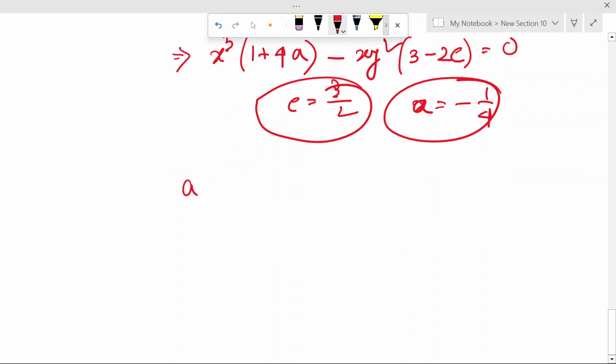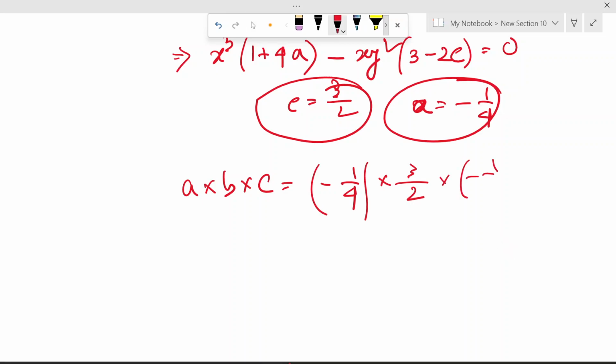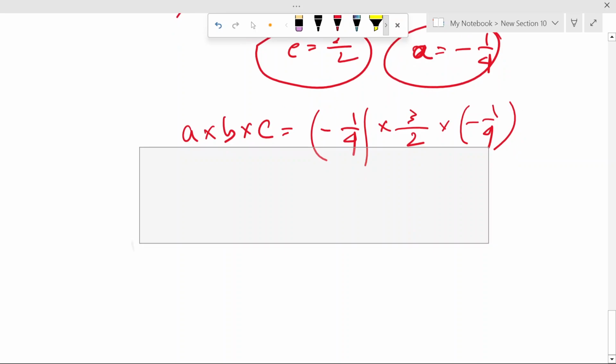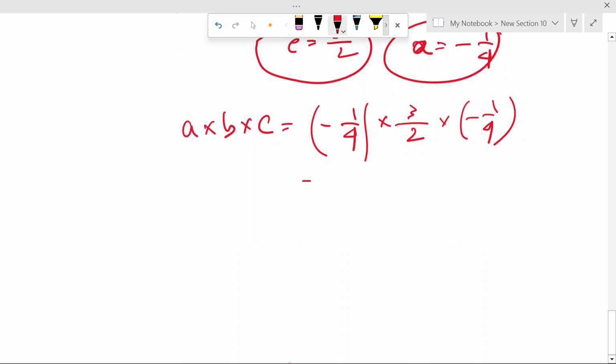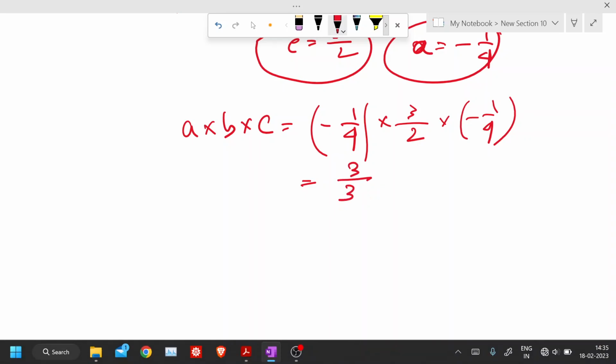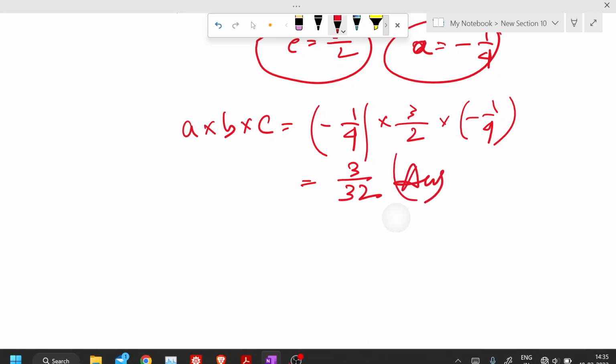So your a cross b cross c will be minus 1 by 4 cross 3 by 2 cross minus 1 by 4. That is 3 by 32 is the answer.